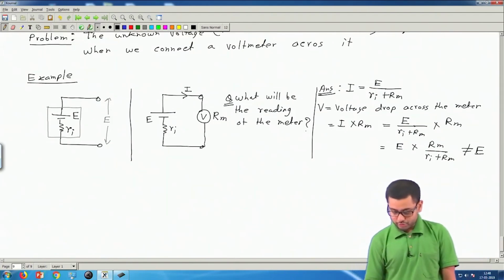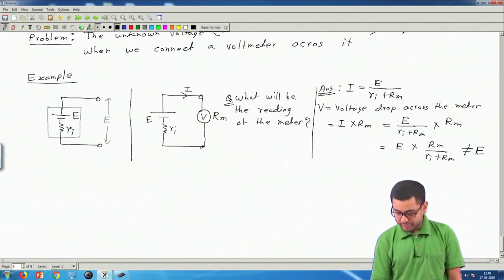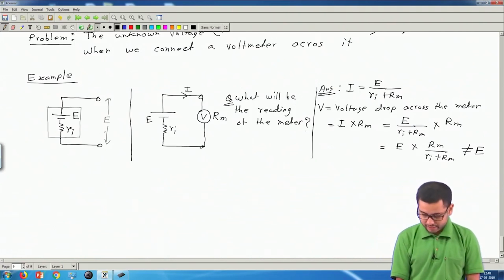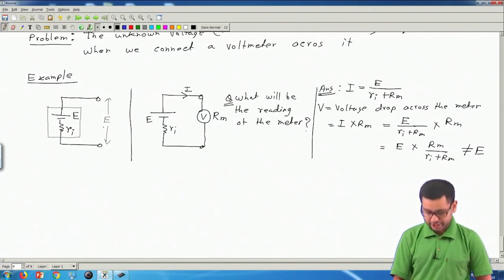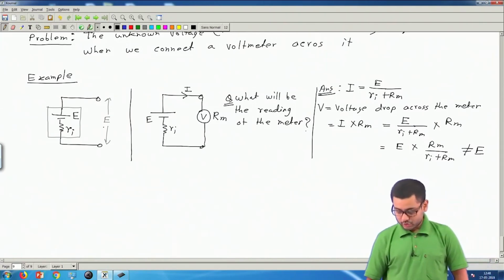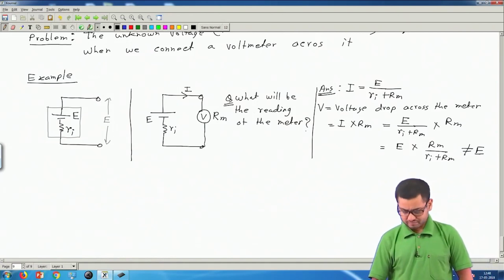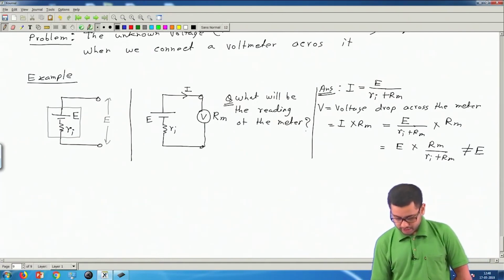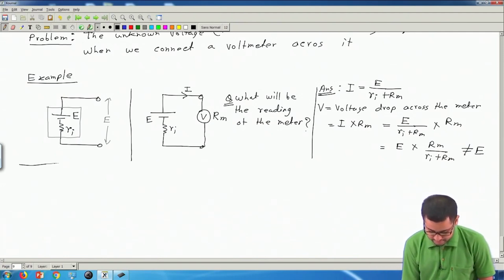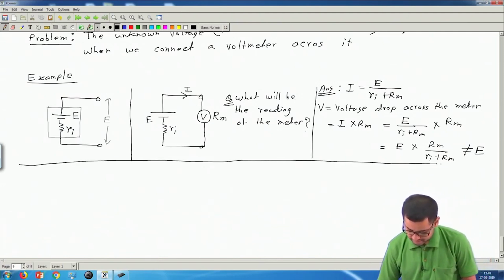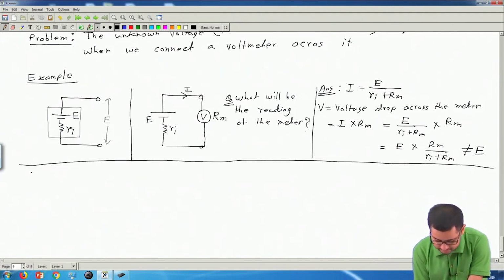So the voltmeter reading will not be the same as the voltage that was there before the connection of the voltmeter. So we can have some error. Now how much is the error?